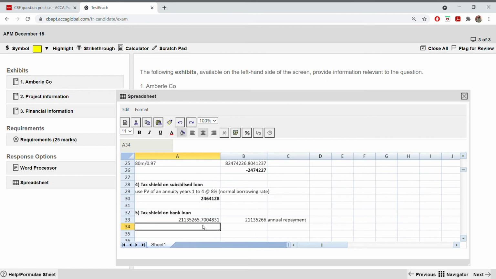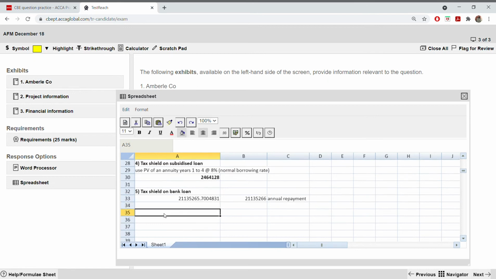So to find that interest, this is required. Keep a space and put here, starting with 0, 1, 2, 3 and 4.